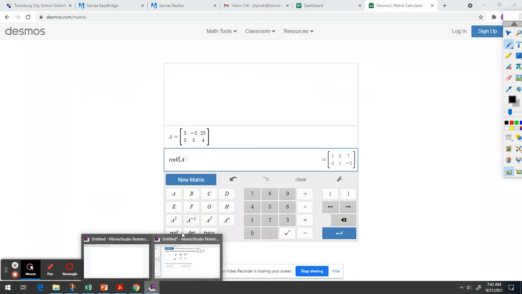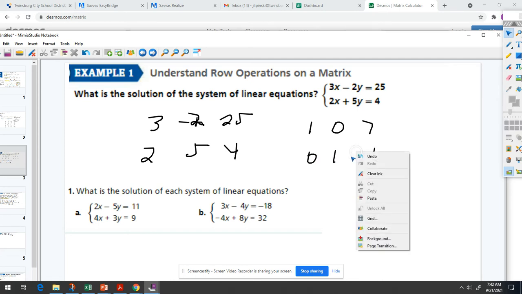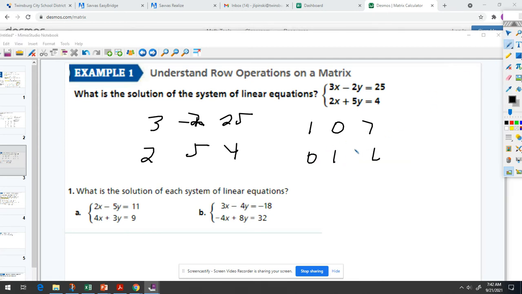So when I punch this into Desmos, it gives me a 1, a 0, a 7, a 0, a 1, and a -2.